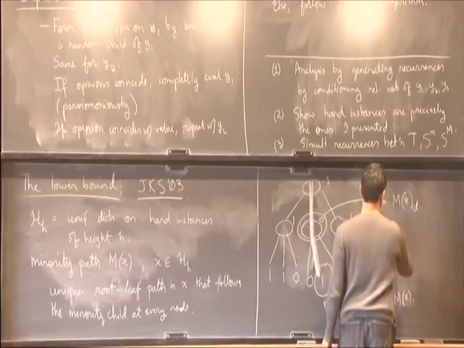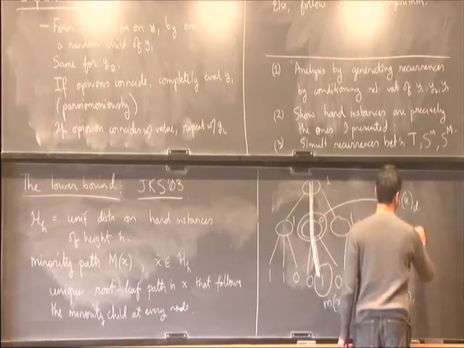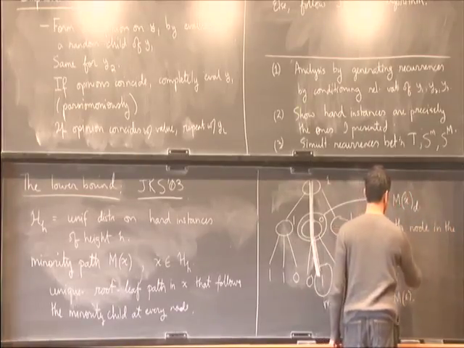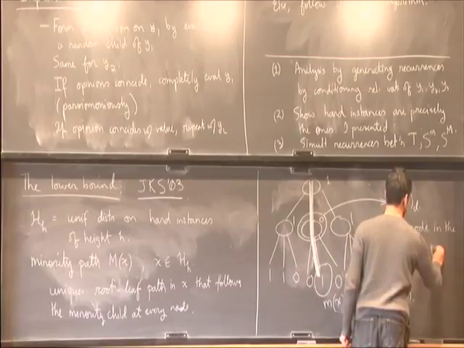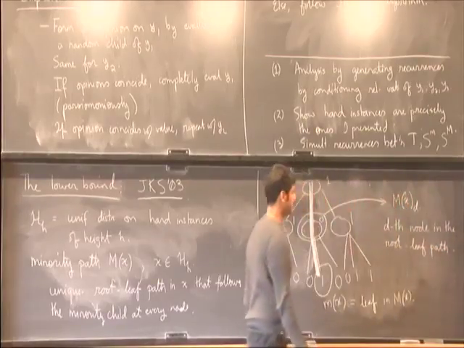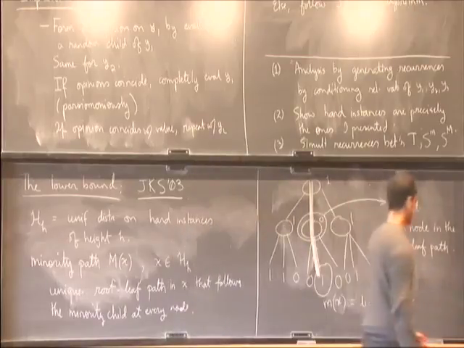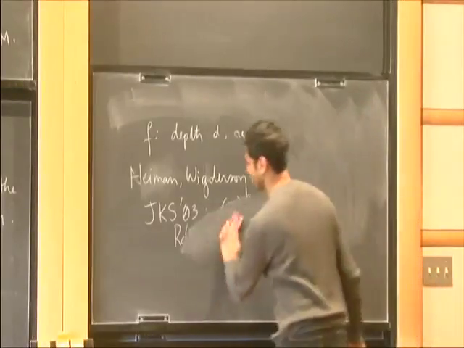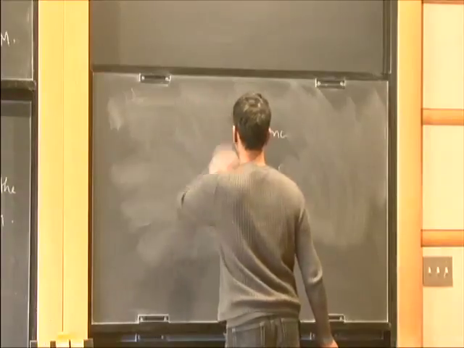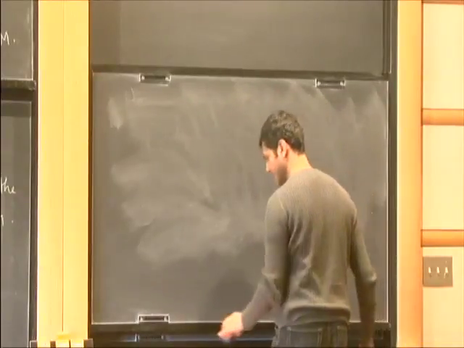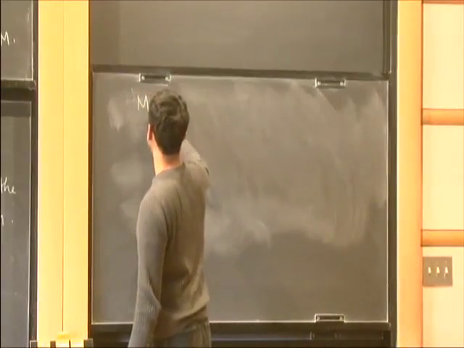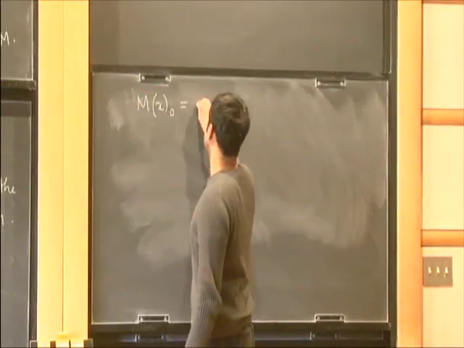So this is the dth node in the root leaf path. Something to note is that m of x sub 0 is the root, right? Simple observation.